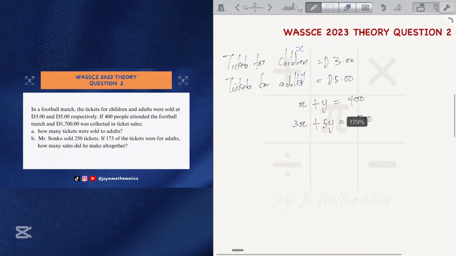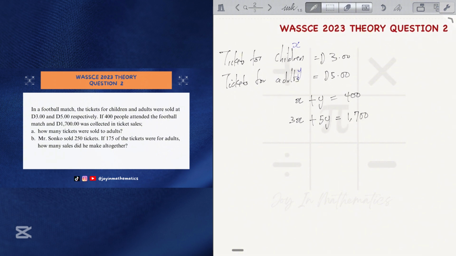Okay, let's go over this again. In the football match, the tickets for children, whom we are representing as X, is $3, and the ticket for adults is $5. If 400 people attend the football match, X plus Y is equal to 400, and the total amount the ticket sales made was 1,700.